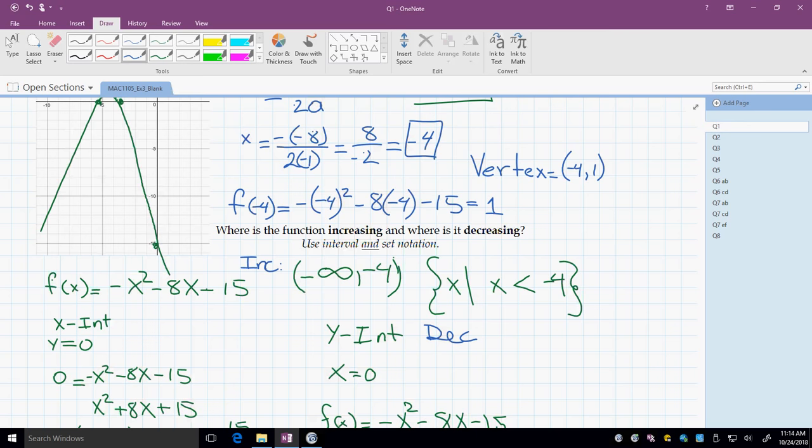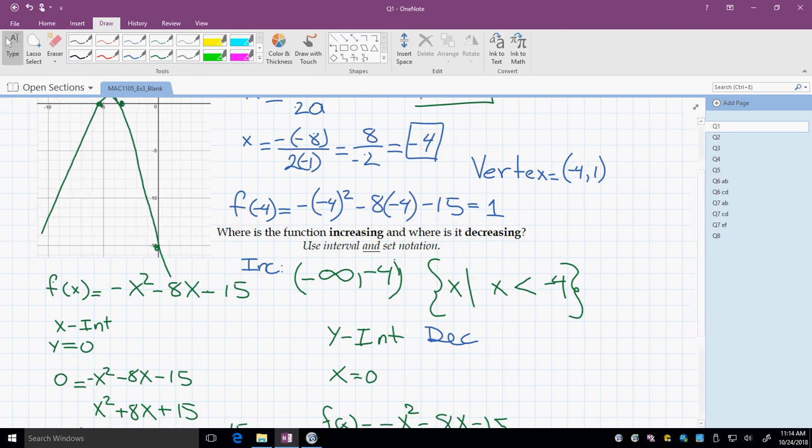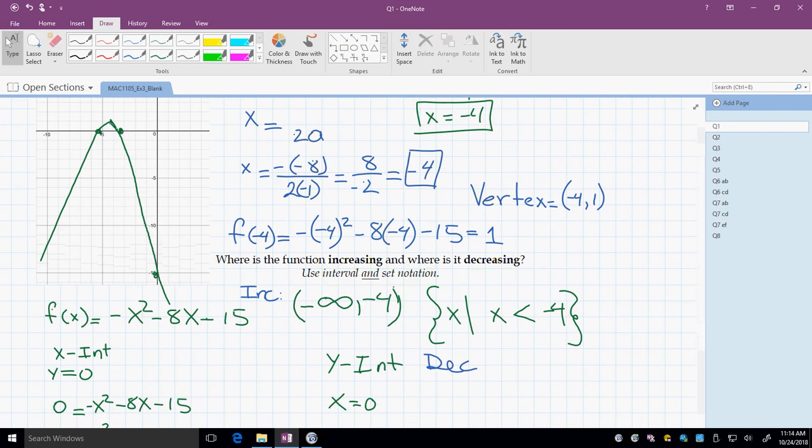Okay, if we look at the graph, decrease starts at the highest point, which is -4, right here, and it goes all the way to infinity. It keeps on going. It's currently decreasing from -4 to positive infinity.